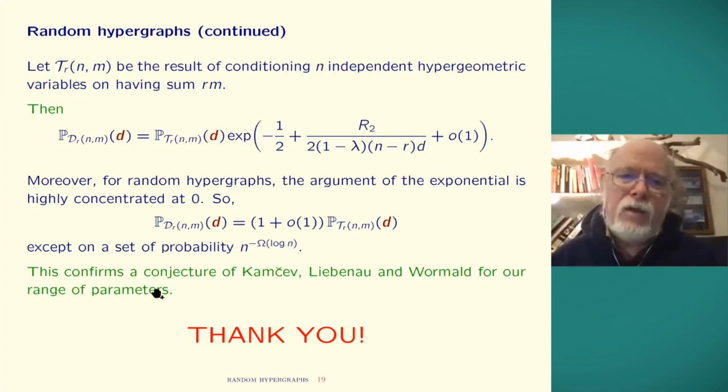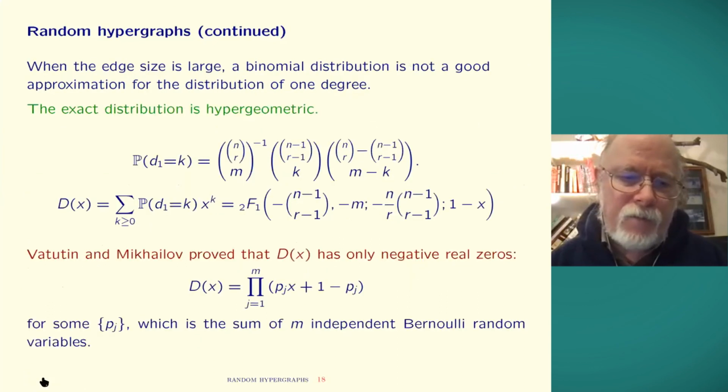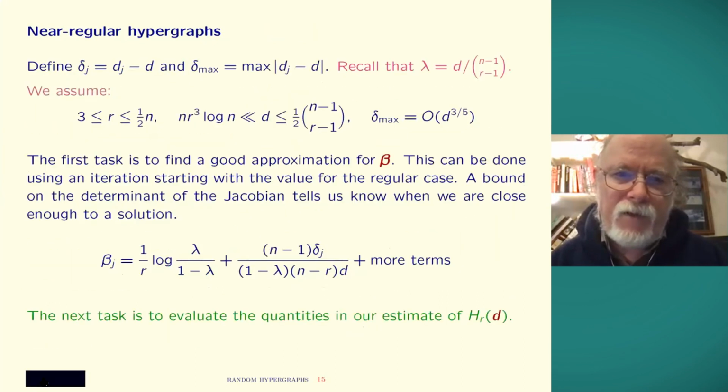Yeah, so the last part of the talk about the random hypergraphs used a comparatively small amount of deviation, where the average degree is d and the deviation is d to the 3 on 5, sorry. But in the earlier theorem, we have a much larger deviation.